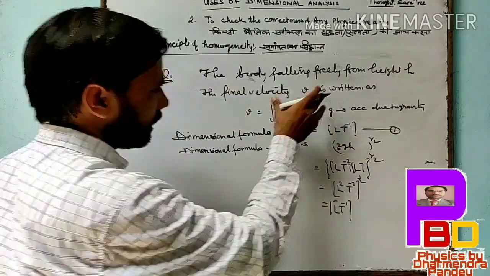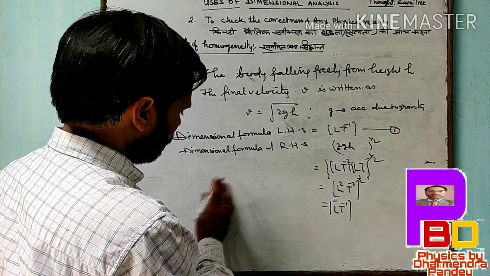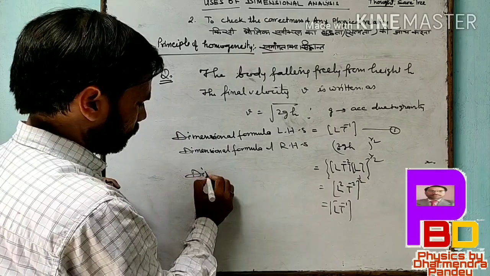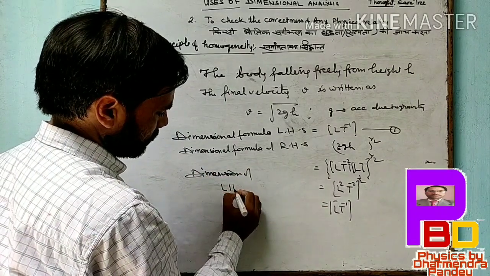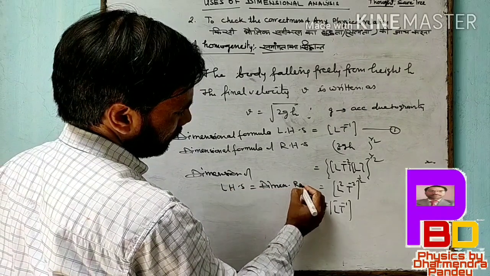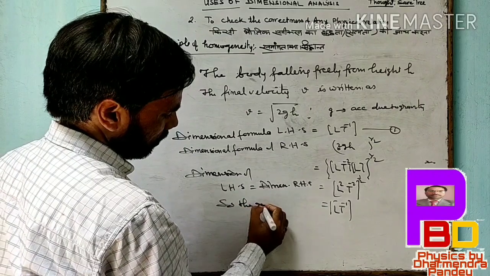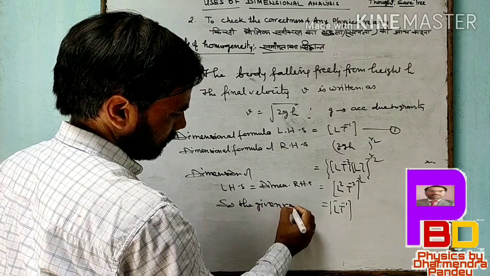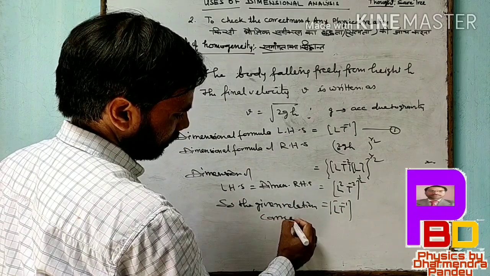So in the given relation, that is v = √(2gh), we have the dimension of the left hand side equal to the dimension of the right hand side. So the given relation is dimensionally correct.